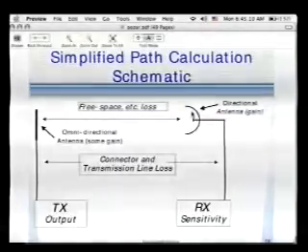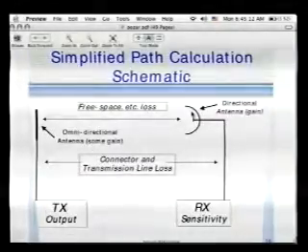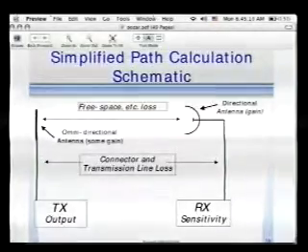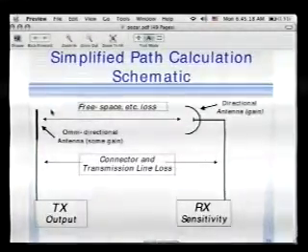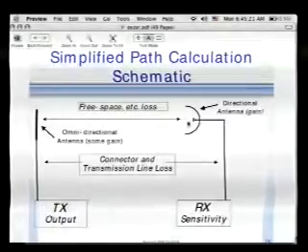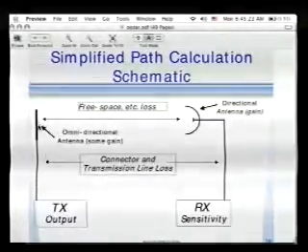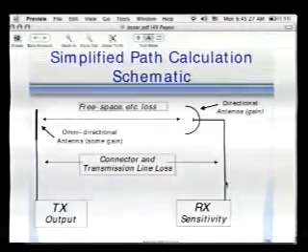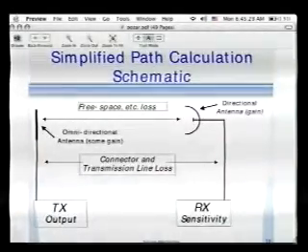This is a simplified schematic of what gain and loss you're going to have. For instance, at the transmitter you're going to have a certain amount of gain. You're going to have free space loss between those two antennas. Again, you have gain in the antenna, loss in the transmission line, gain in the receive antenna, loss in this transmission line, and then some receiver sensitivity.